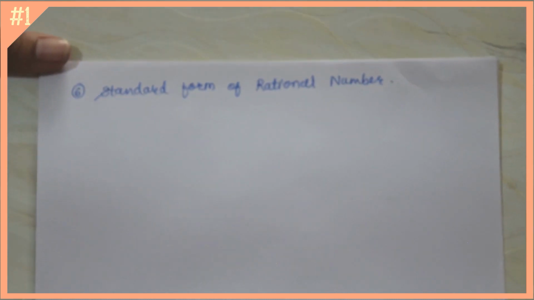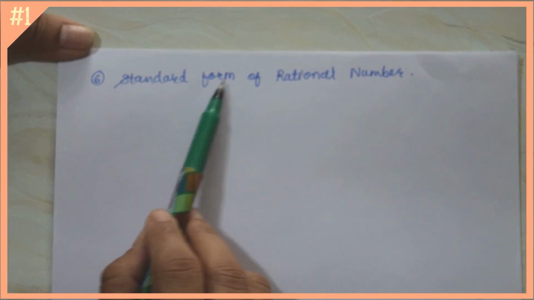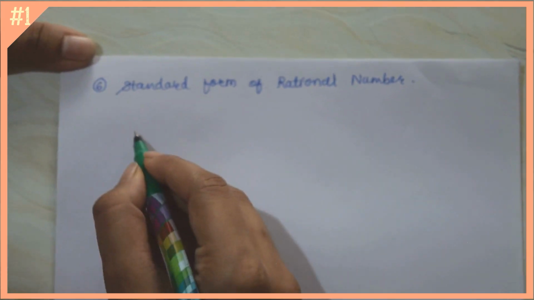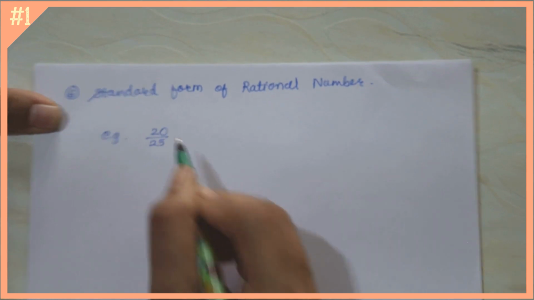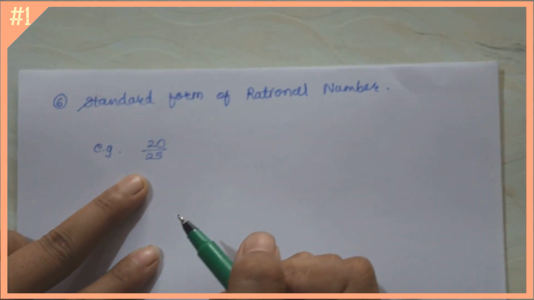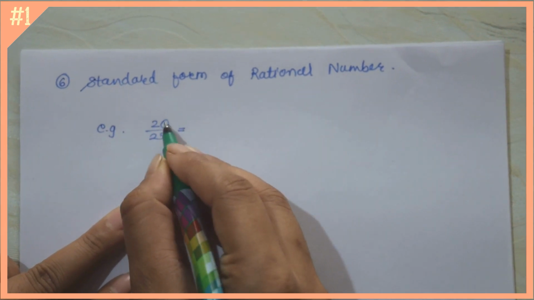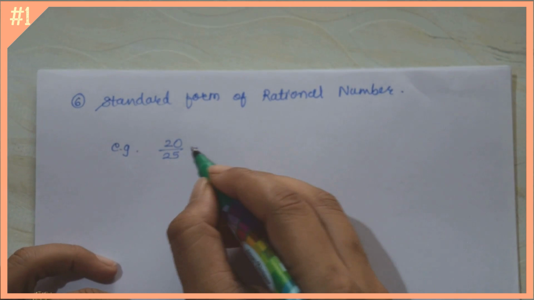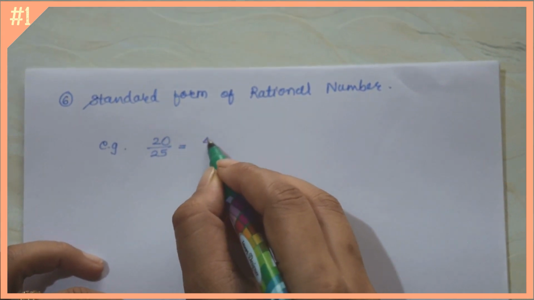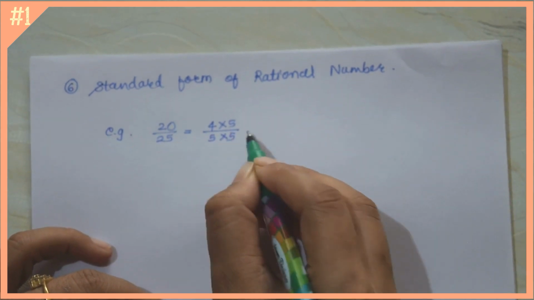So now the next important thing that we are going to discuss about rational numbers is their standard form. So as usual, the example: 20 upon 25. Now this is not a standard form. How do we identify it? We have to check if the numerator and denominator have anything in common. Like 20 I can express as 4 into 5 and 25 can be written as 5 into 5.